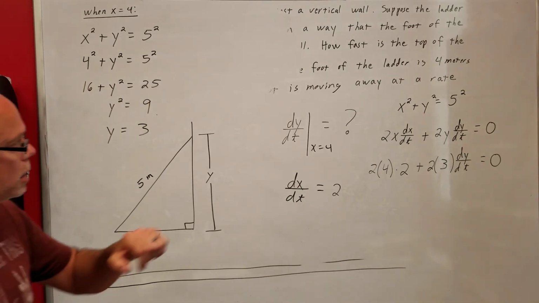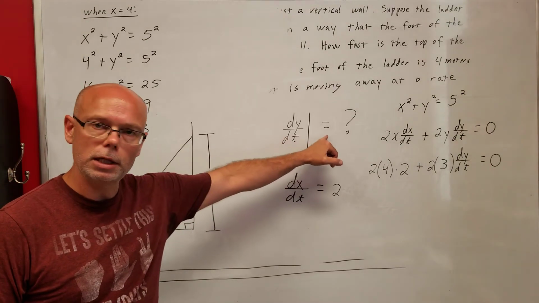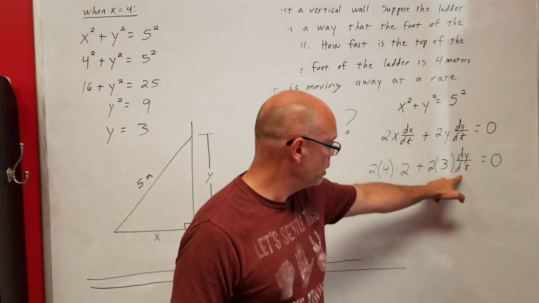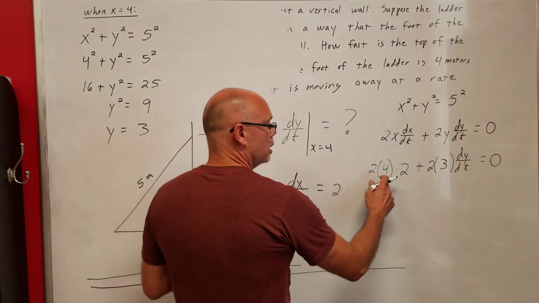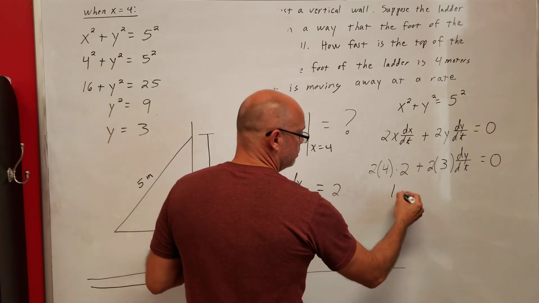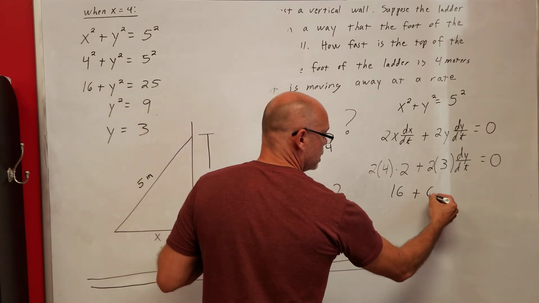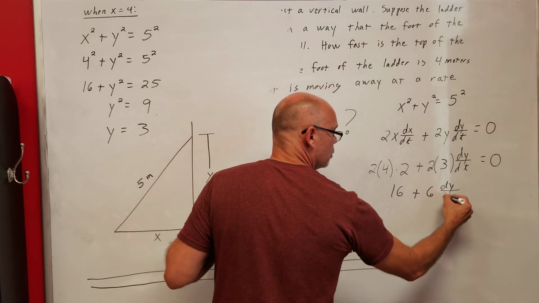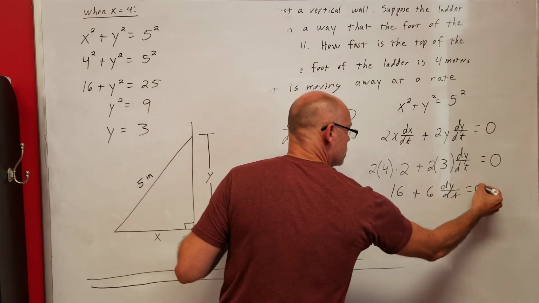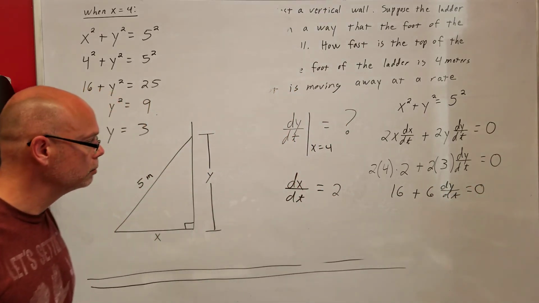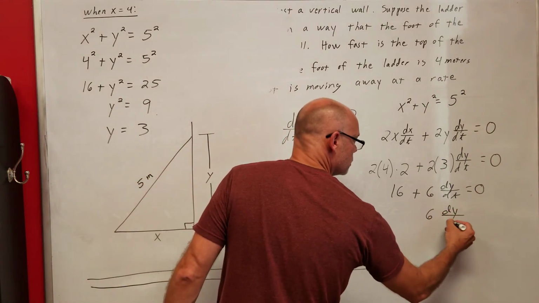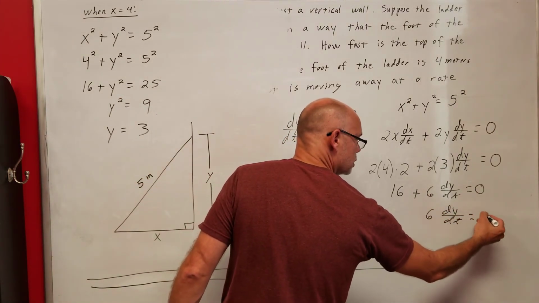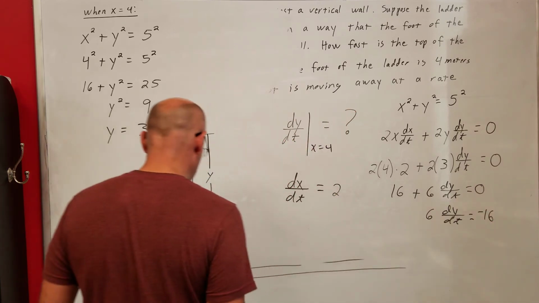Now what am I trying to solve for? dy over dt. So let's solve for this portion right here. Well, 2 times 4 is 8, times 2 is 16, plus 6 dy over dt is equal to 0. Or I could say 6 dy over dt is equal to negative 16.